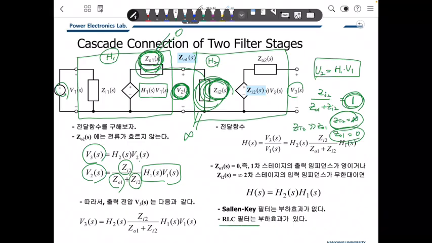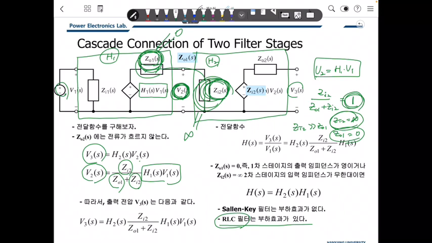But RC filters are very weak in terms of the loading effect. The RC filter has the loading effect, so you cannot connect RC filters in series, in a cascade manner. Why?